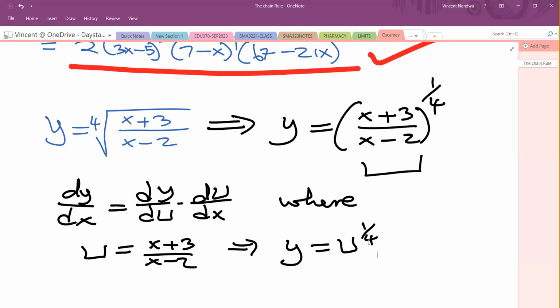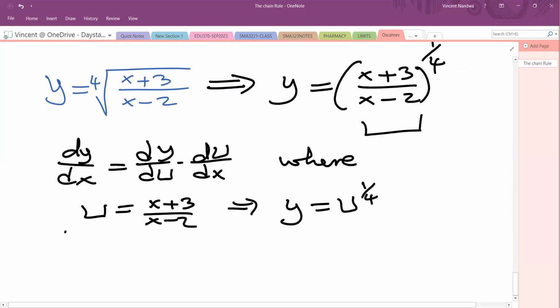dy/du. So when you drop the power 1 over 4, how does it become negative?